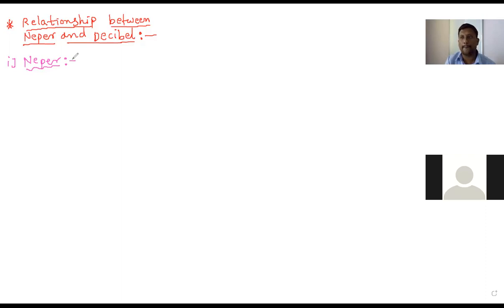Neper frequency, angular frequency, we have discussed it in chapter number 5, network function, the concept of complex frequency. In that, the real part is called Neper frequency, and the imaginary part is called angular frequency. That is sigma n. Sigma n is called Neper frequency.